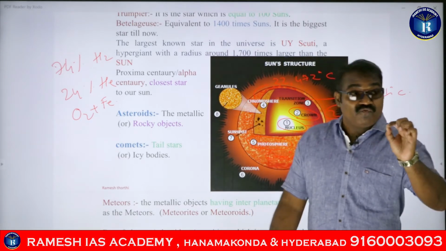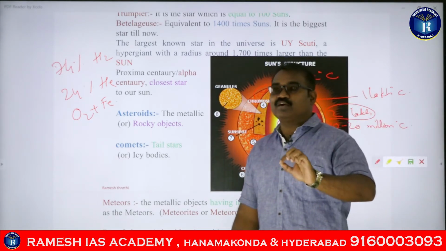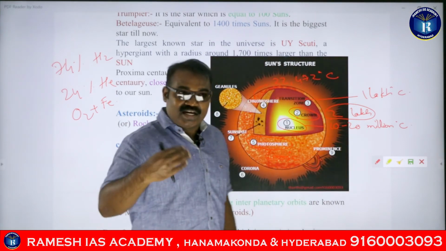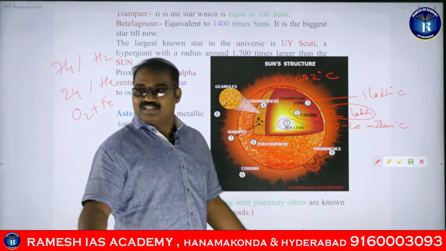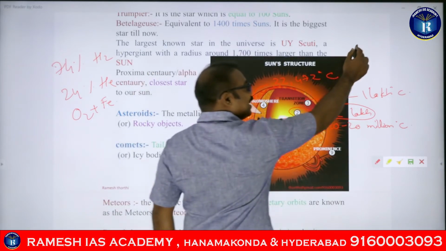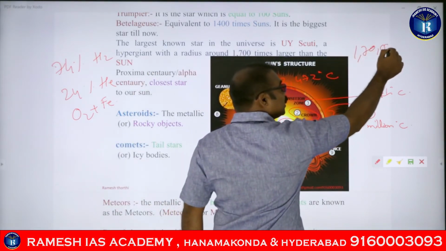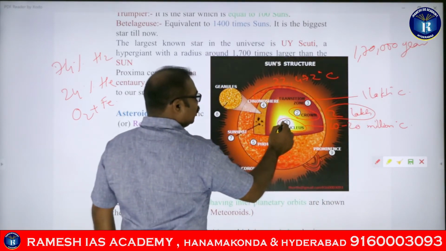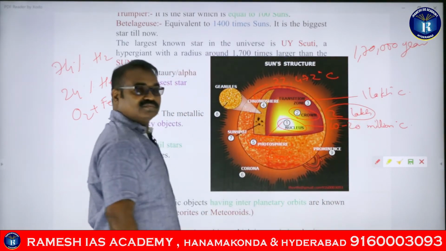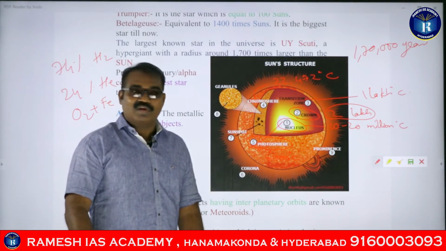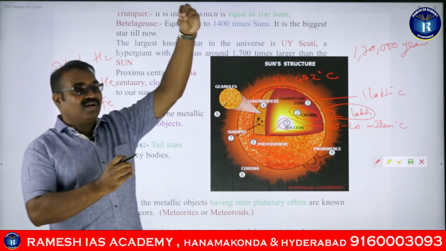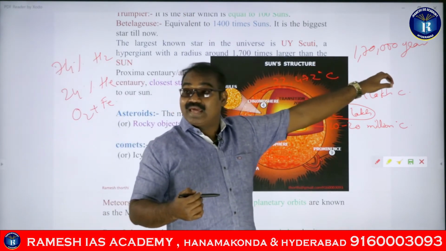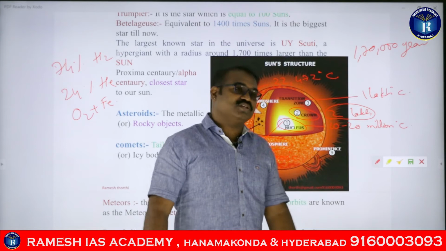The energy emitted from the nucleus takes 1,70,000 years to reach from the center to the photosphere.